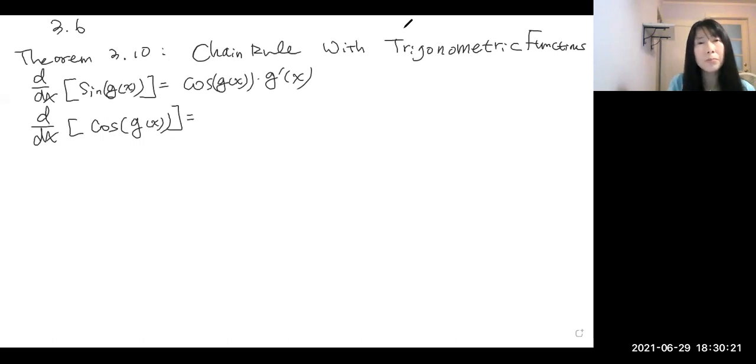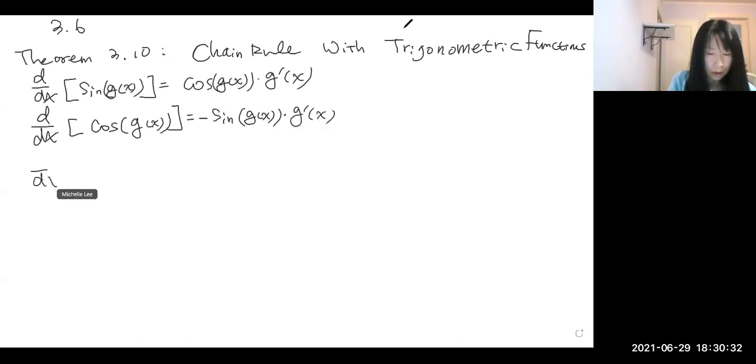It's negative sine of x. Good. Negative sine g of x, then g prime of x, okay? Now tangent g of x.